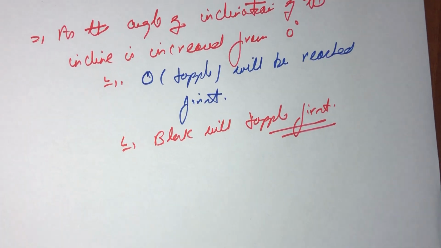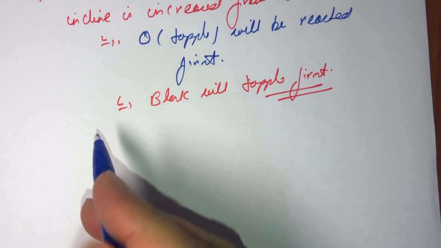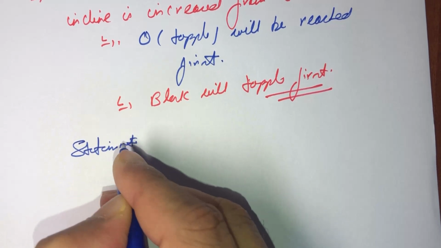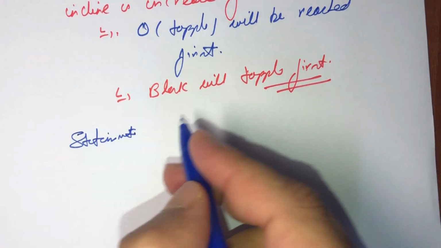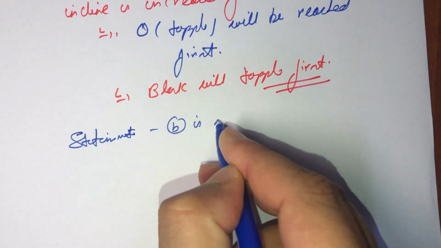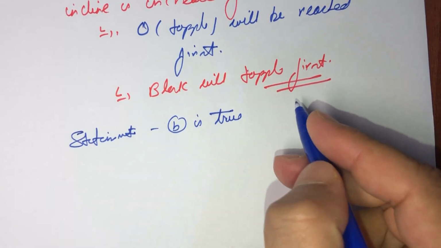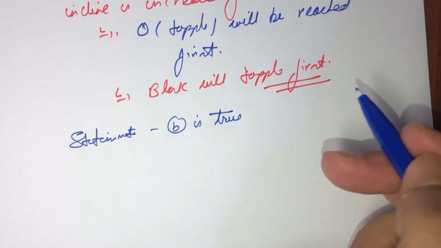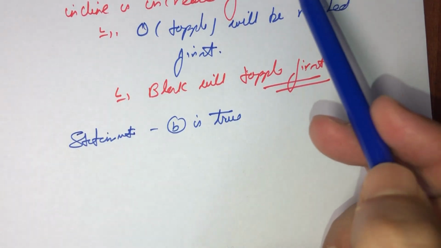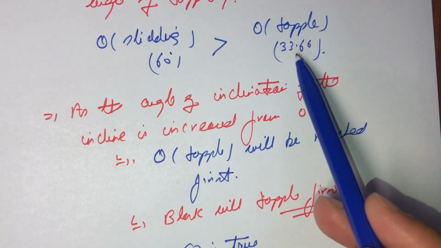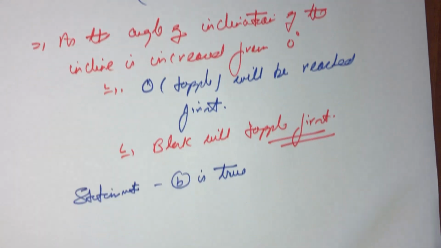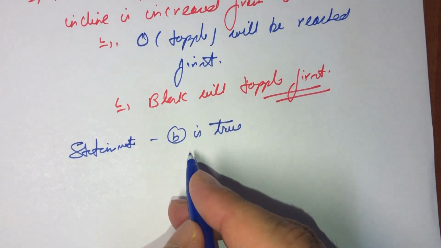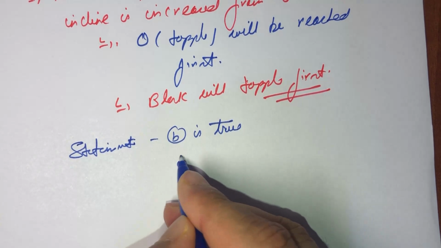So we can write that statement B is true because here it is mentioned that up to certain theta, whereas theta value is not mentioned, but we found out the value of theta for topple is 33.66. So B is true, and C is also true.